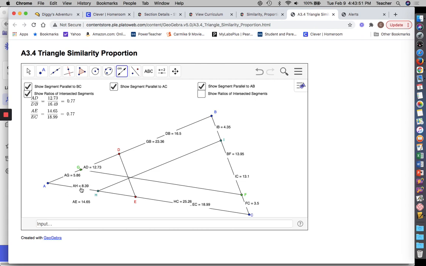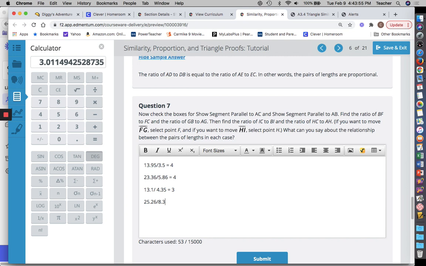And AH is 8.39. I'm going to divide that. 25.26 divided by 8.39. Roughly I get a 3. So again, they're proportional to each other.